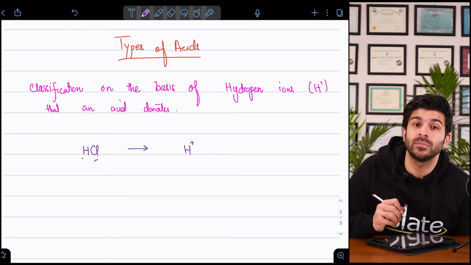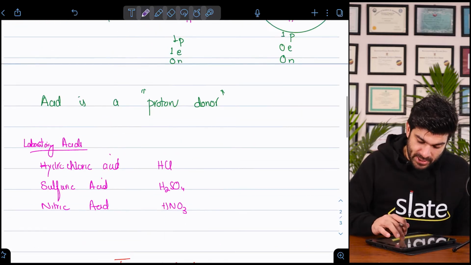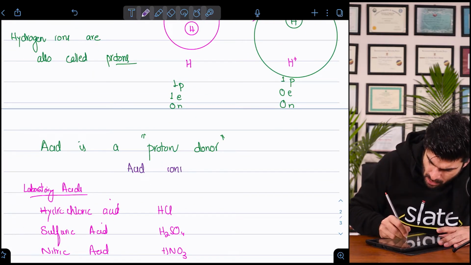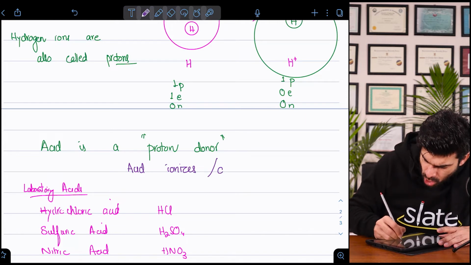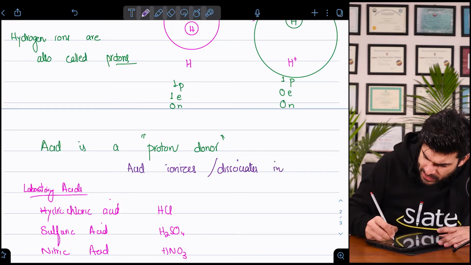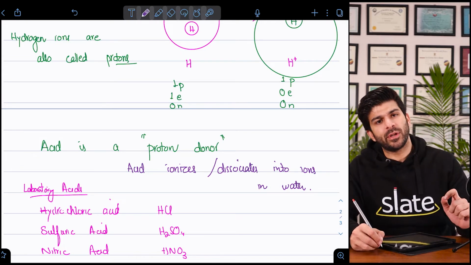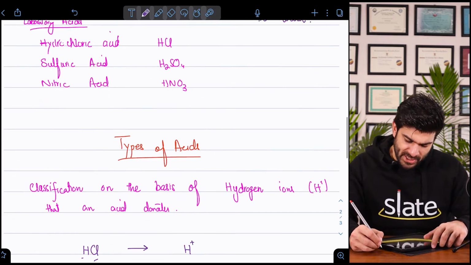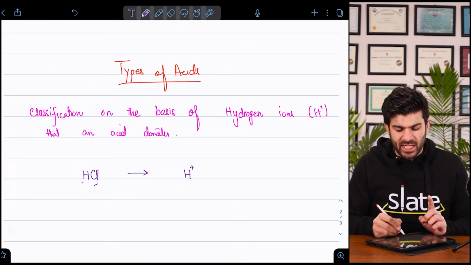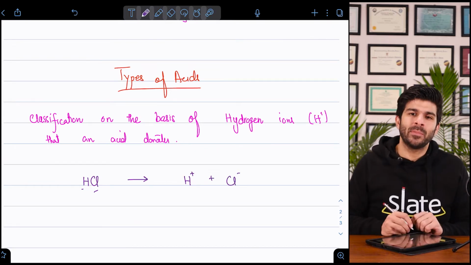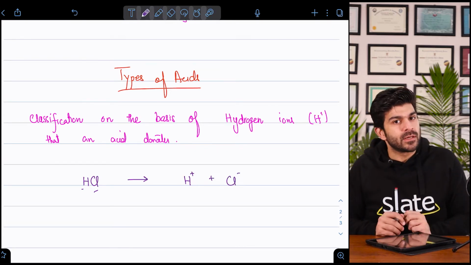An acid forms ions in water, or I can say acid ionizes or dissociates into ions in water. So that's what you need to know about acids. Whenever you put HCl in water, it has given me H plus. But it's not just H plus. We also get Cl minus. So that's what we get here.